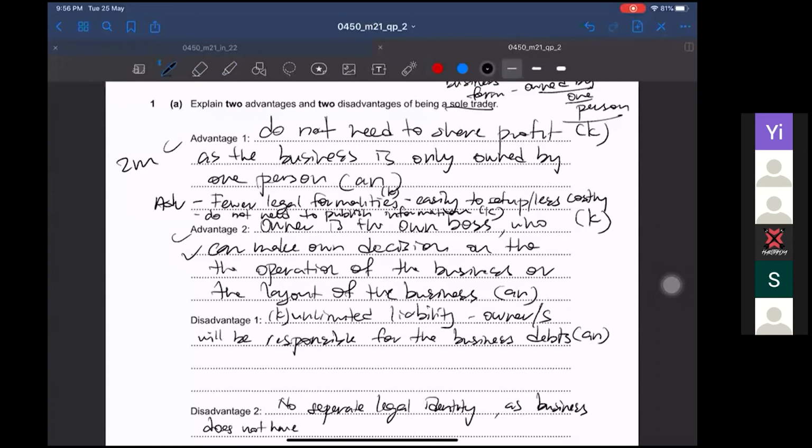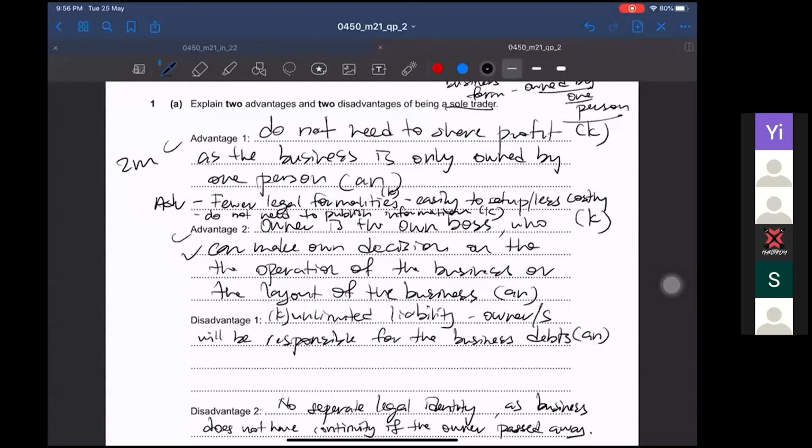When you have no separate legal identity, the business has no continuity. If the owner passes away, your business will also be closed down. This is what is meant by no separate legal identity.